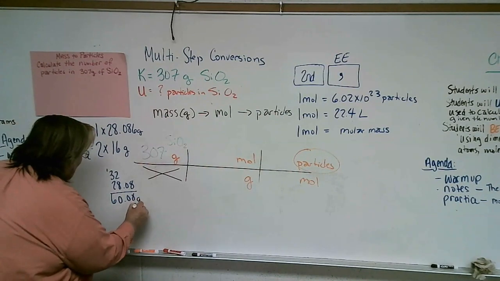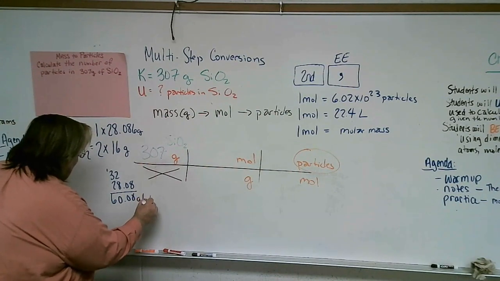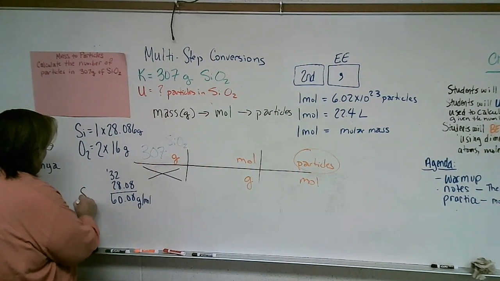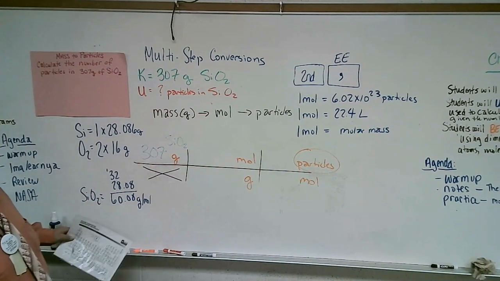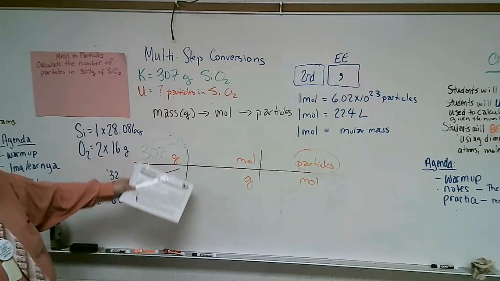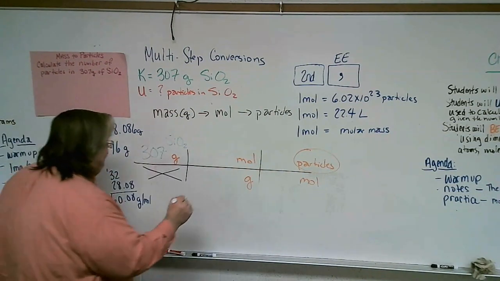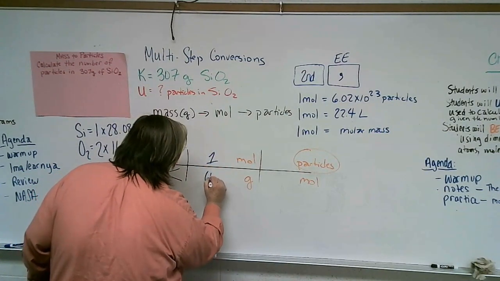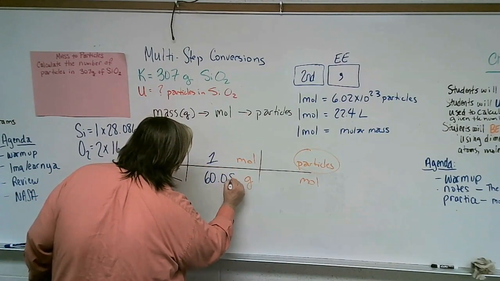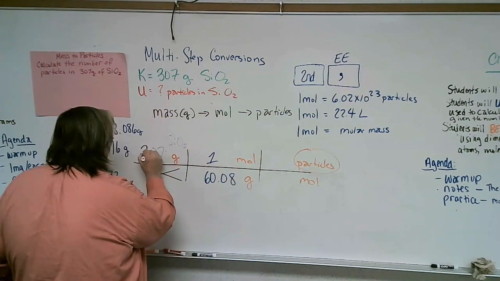So the molar mass of silicon dioxide is 60.08. So if we look here, we know that 1 mole is 60.08 grams.